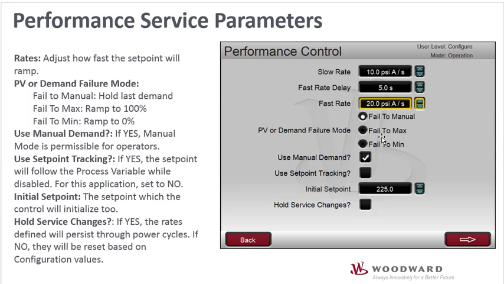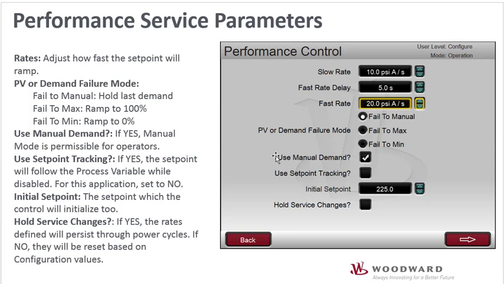This can be set to fail to manual, in which case the performance demand output will hold at its last position, or it can be set to fail to max or fail to min, based on what may be the safer operation given that we've lost control.